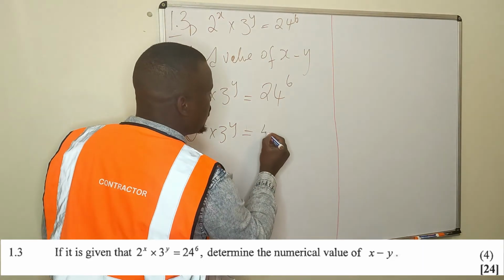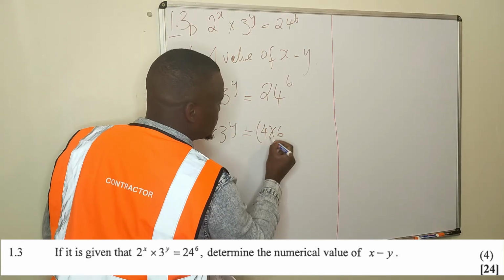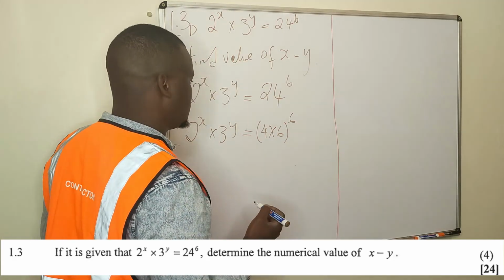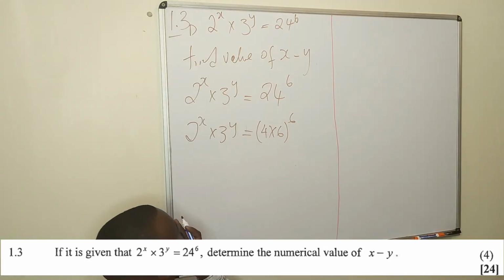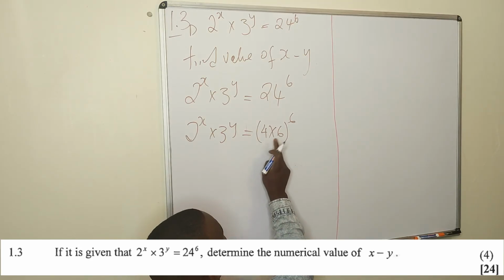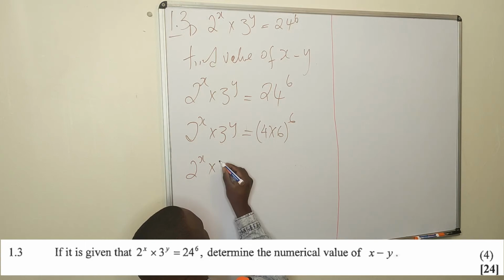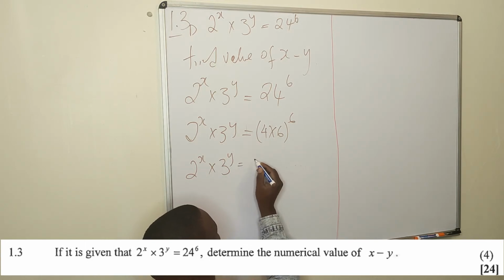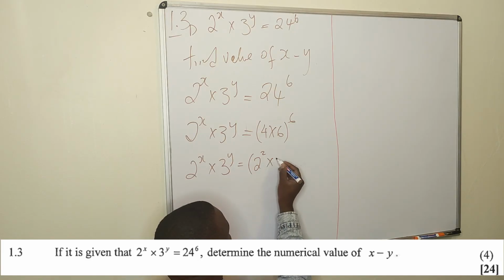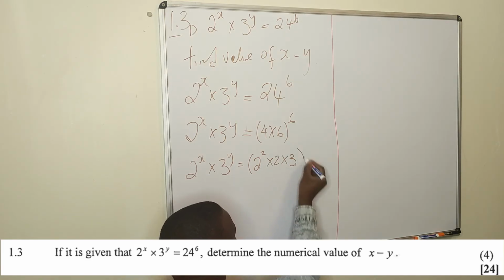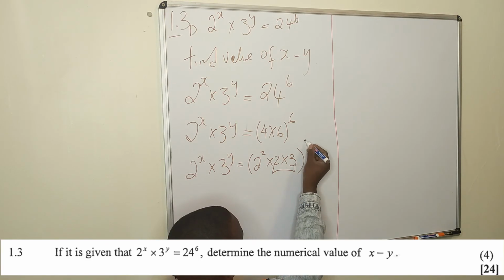So here we have 4 times 6 raised 6, right? And then you can factor them further. So you have 2 raised x times 3 raised y is equal to 2 squared times 2 times 3, all to the power 6.